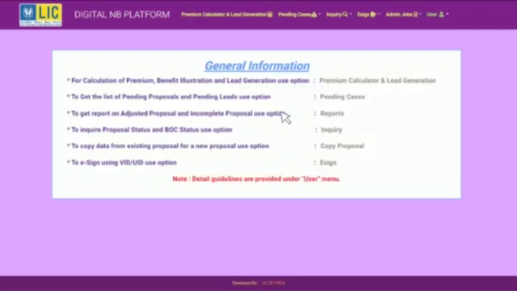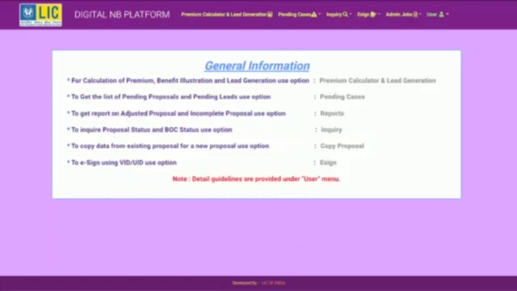On top of this page, you will see various options. To calculate premium, benefit illustration and lead generation, click on Premium Calculator and Lead Generation. For all pending proposals and leads, click on Pending Cases. And for proposal status, POC status and generate FPR, click on Inquiry.